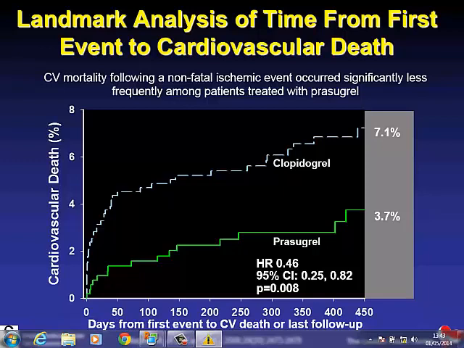So our patient was, as I mentioned, on prasugrel, and sure enough, he survived to the decision to undergo operation.